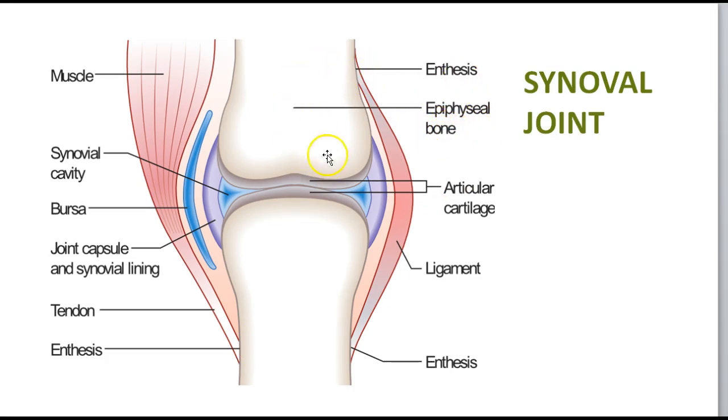Epiphyseal bone, which is what we're talking about, the growth plates. And then in here we've got articular cartilage, which makes our joints sit nicely and smoothly and comfortably on top of each other. And then we've got our ligament down this side. So that's the way that the synovial joint is made up.